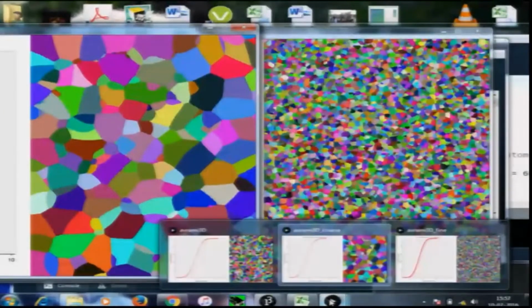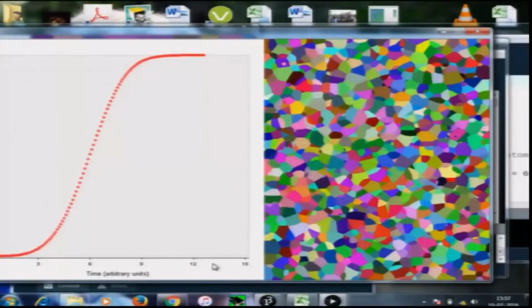And the first one I had done is some kind of an intermediate nucleation rate and intermediate growth rate, and you can see that the grain size is in between the previous two. But in all the three cases, if you look at this particular curve now, which is fraction transformed versus time, this shape of this curve is called sigmoidal.